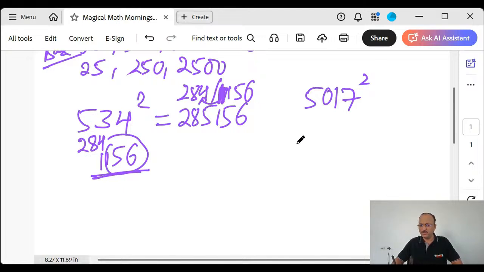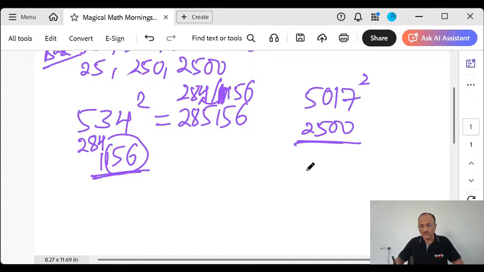And if you want to become good, I recommend you learn the squares up to 30. In the adding, you missed out because the base is 2500, a 4-digit number. Everything else you did very well.